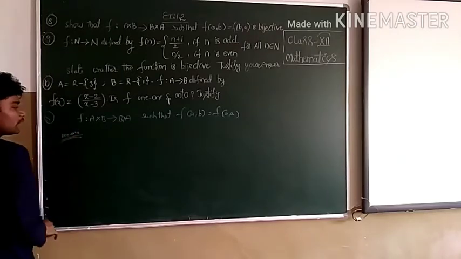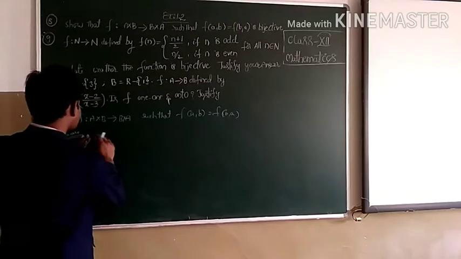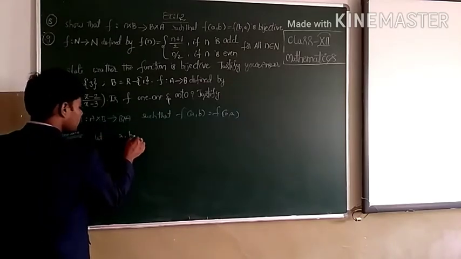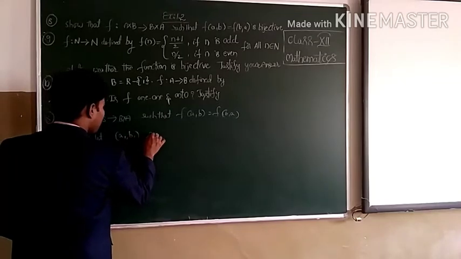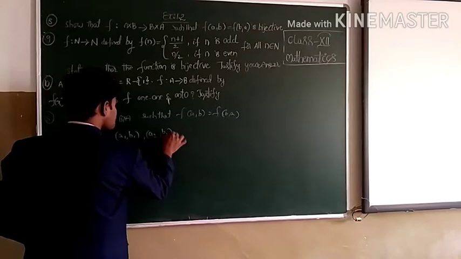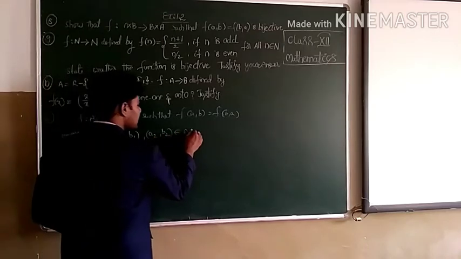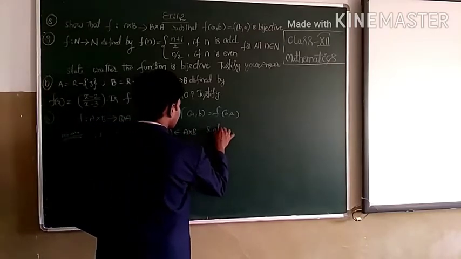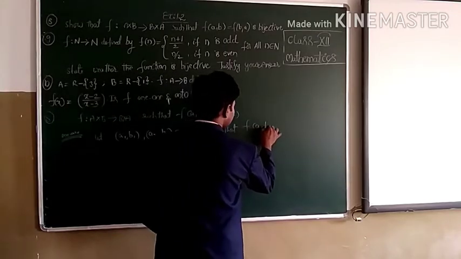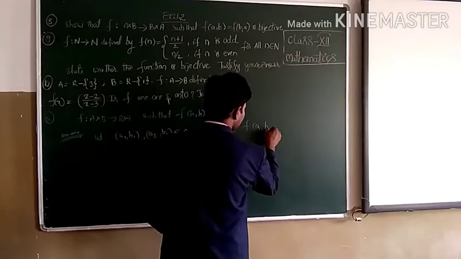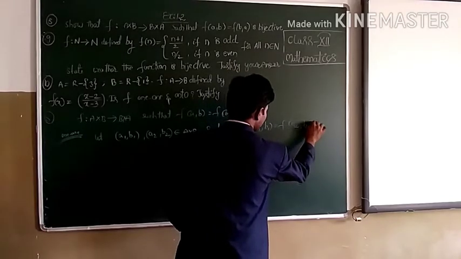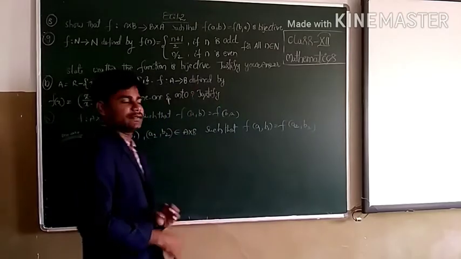First, let us consider (A1, B1) and (A2, B2) belongs to A cross B such that f(A1, B1) = f(A2, B2). Based on this condition, we can write like this.